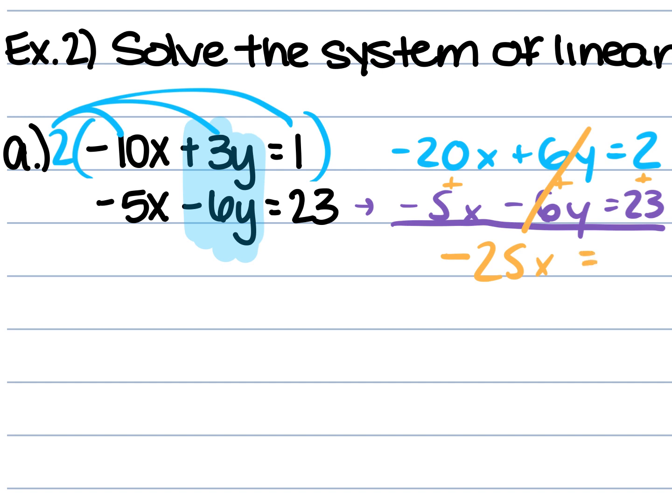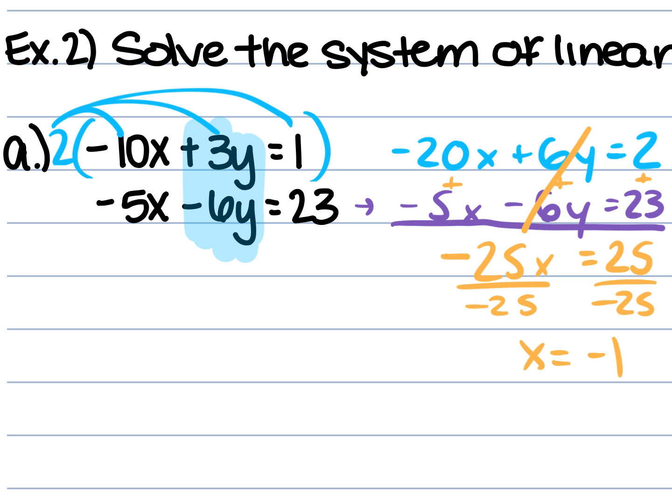Cancel. And 2 plus 23. 25. What would we do next? Divide by negative 25. So what does x equal? Negative 1.